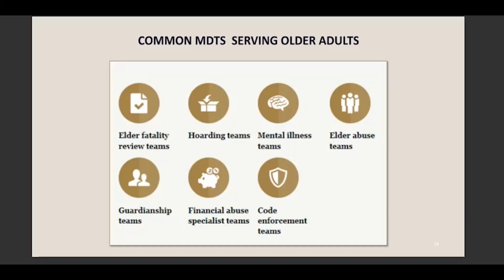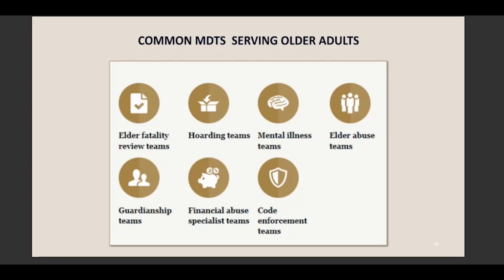There are lots of different types of MDTs. You might have teams that are working on public outreach, policy, systems issues, and then ones that work on case review. So they're actually looking at cases of elder abuse. And those can be generalized or they can be specialized. So you might have a general team like a hoarding team or guardianship team or code enforcement, etc. And they may have clients that have experienced elder abuse.